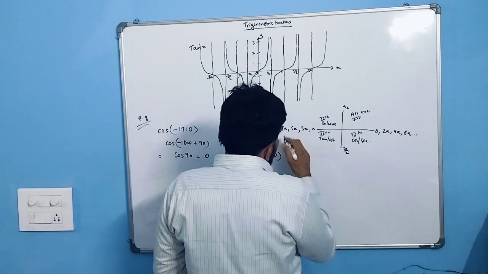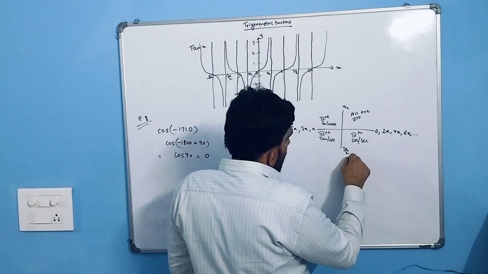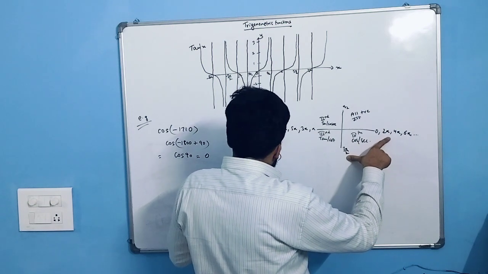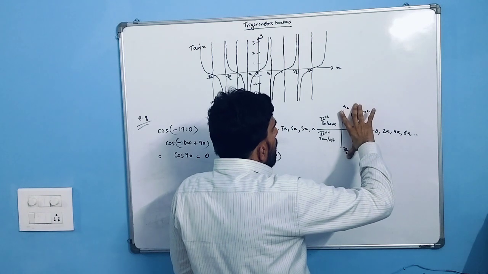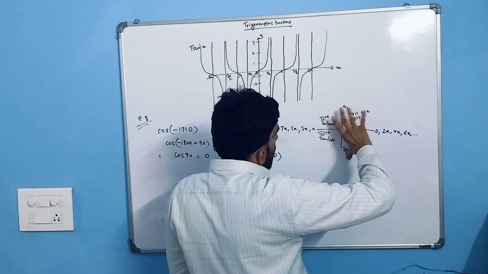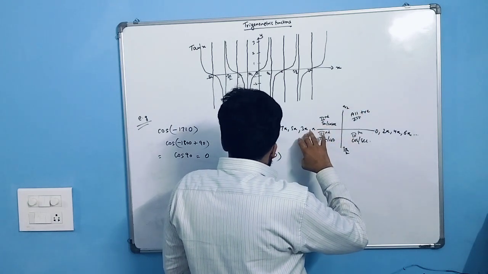Okay, so 1120, then here it will be 1210, then it will be 1300, and here 1390. Here I have got this 1390, and here I have got this, which value?